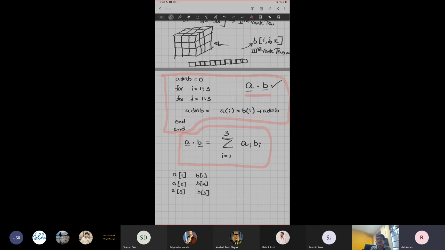So basically to define inner product, we don't actually require this thing at all. This itself is good enough. That is the way we define inner product. Good catch, Shaumili. Now, why do I have to use only i? I can even use j. Still, I will get A dot B.